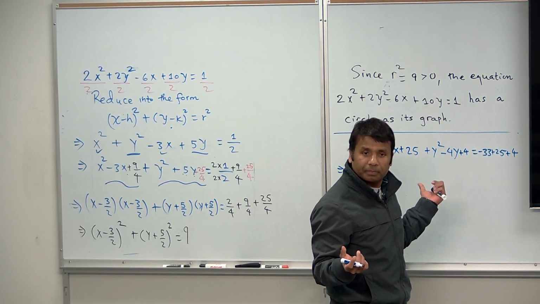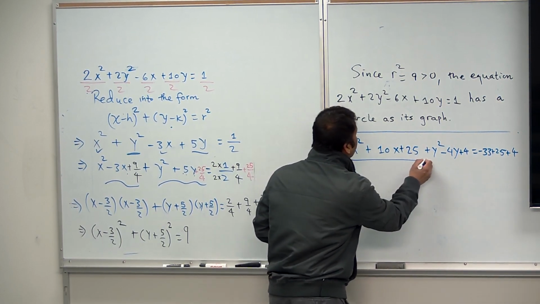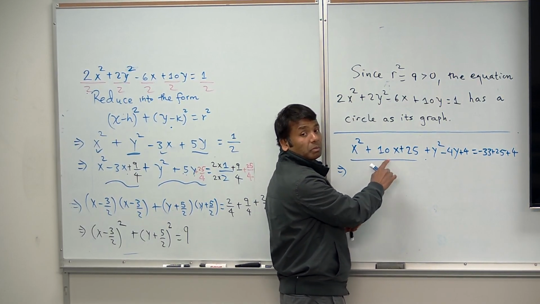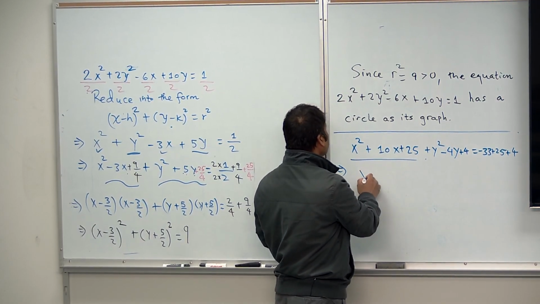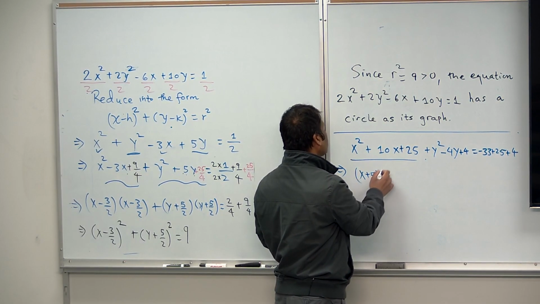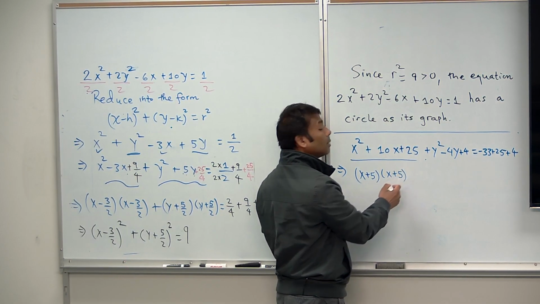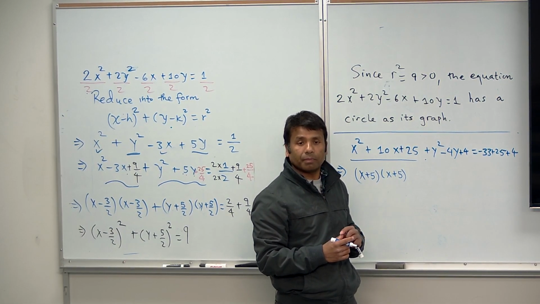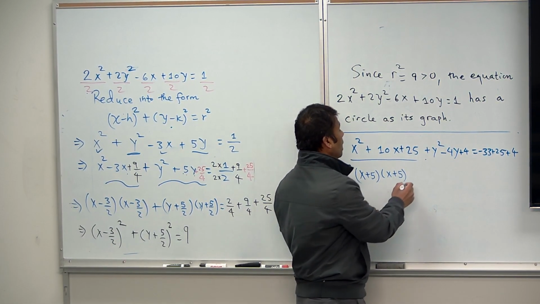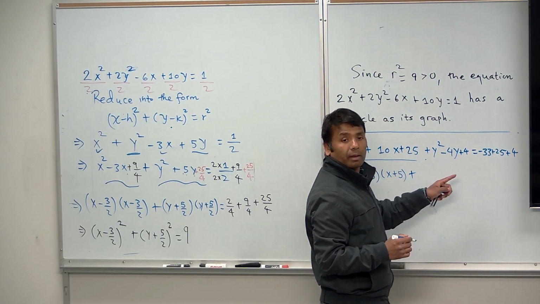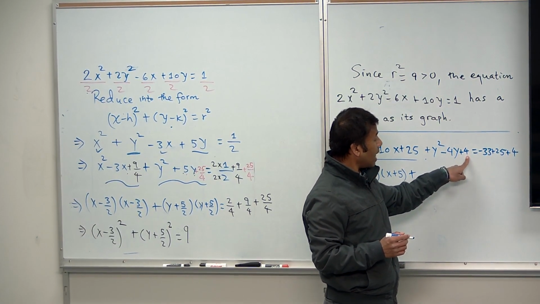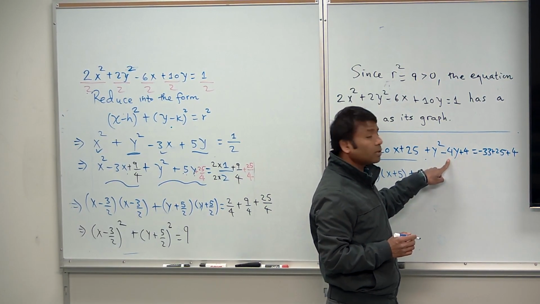That makes sense? Okay. So now you factor this. What are the factors of 25 so that the sum is 10? 5. So x plus 5 times x plus 5. Right? Plus, what are the factors of 4 so that the sum is -4?